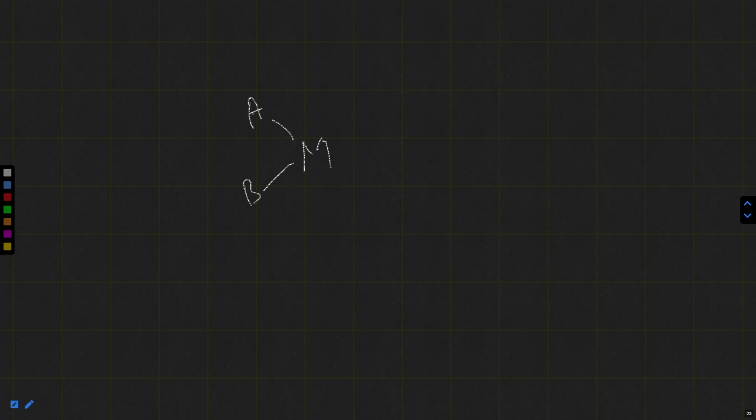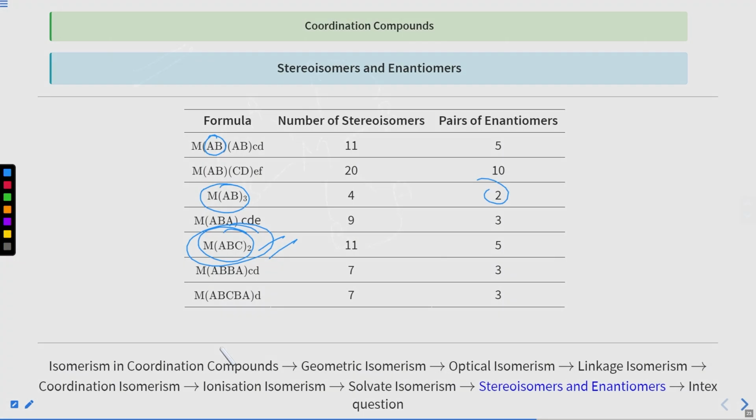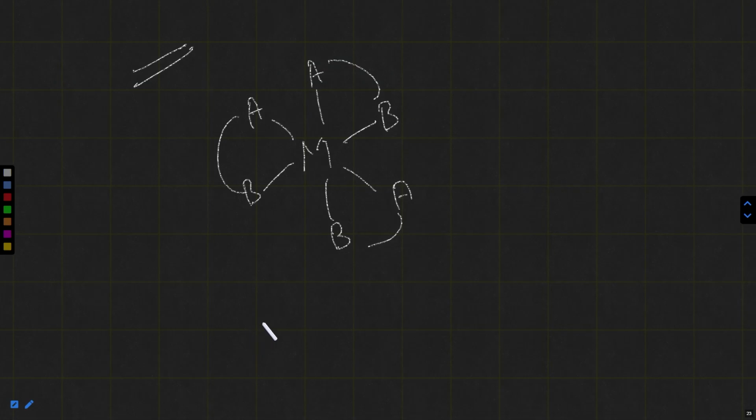MAB3. Okay, so 3 are there. Now, if you try to draw a plane of symmetry, you will not find one. You will never find a plane of symmetry. So if you draw a mirror image of this, then they both will not be superimposable on each other.